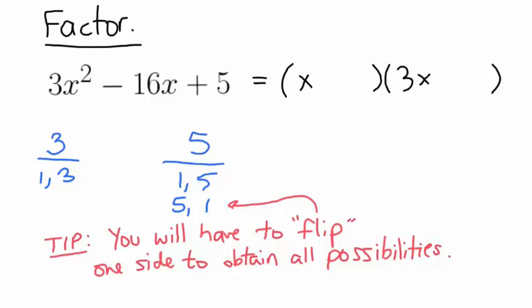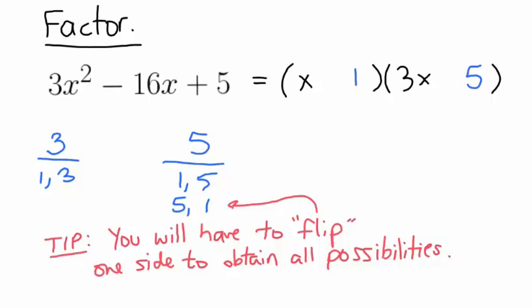So I'll take my first pair, which is 1 and 5, and put them in here for now, and see if the last two terms, as well as our two inner terms, multiply together to give us the middle term of 16x.